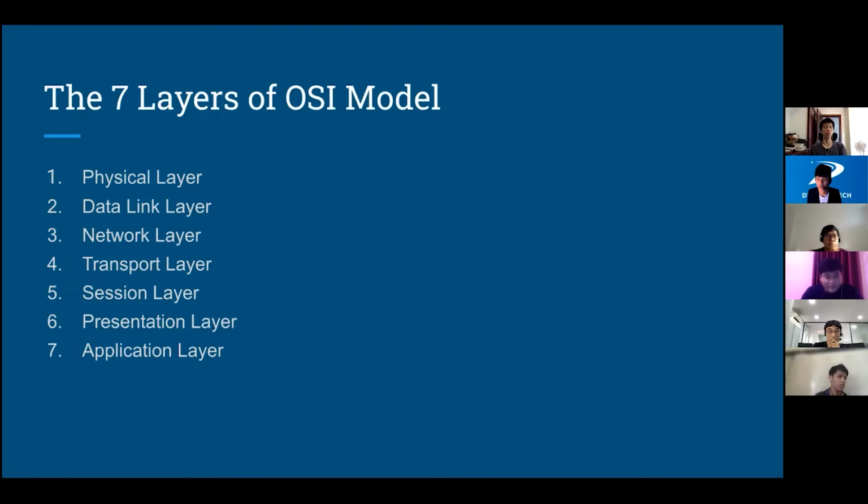To send data from one computer to a gateway, it is processed from the application layer to the physical layer. When data is returned from the gateway to the computer, it works from the physical layer to the application layer. So it's like that.